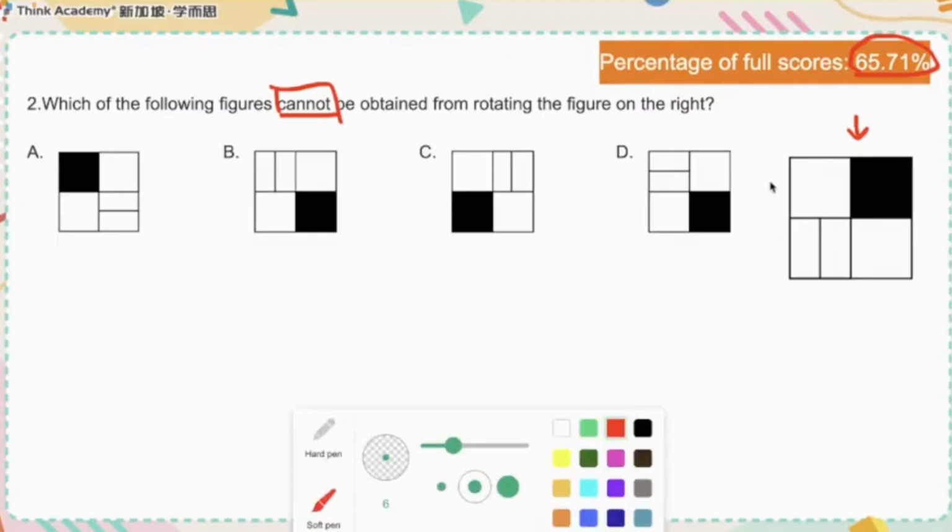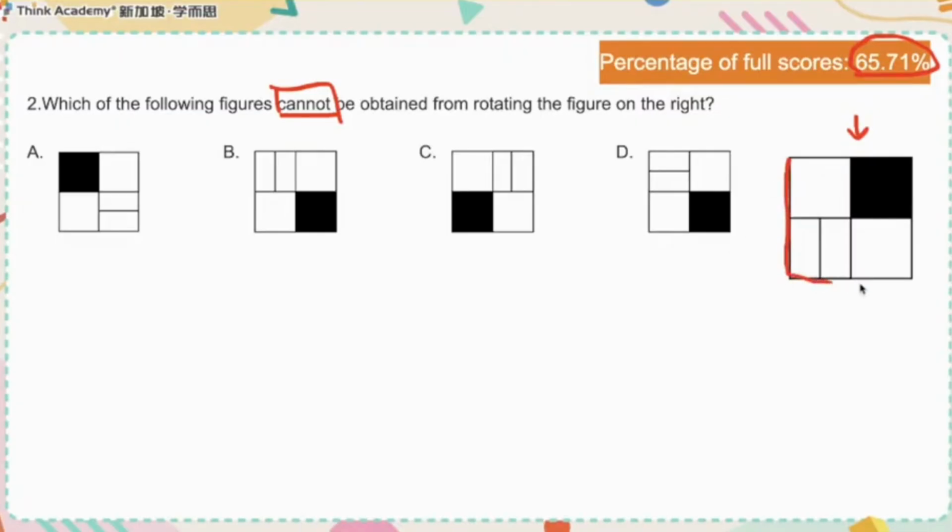Firstly, we can see overall, there's a big square and there are 2 white parts and a black part and a white part with a line in the middle. And we can also see their positions, right? It is quite special.